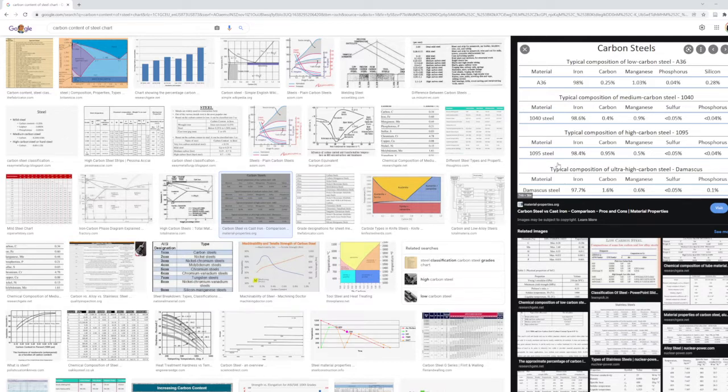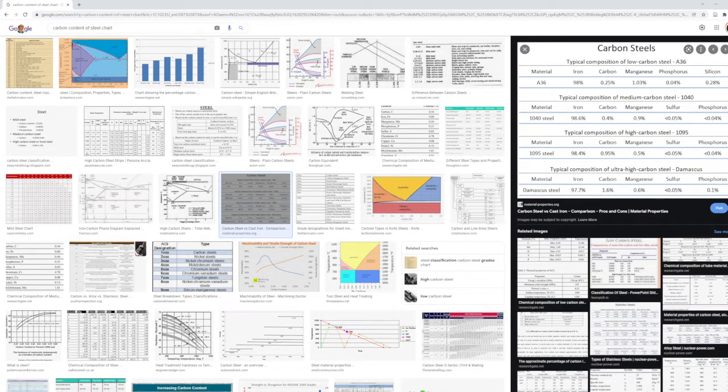So 1095 steel, a high carbon steel, is meant for knives and blades and that sort of thing, or you're looking at springs. If you want low carbon steel, these are things that are more flexible, and you can have ultra high carbon as well.